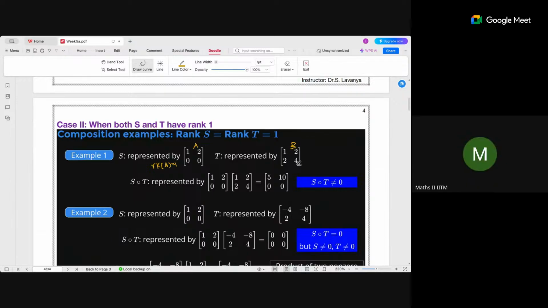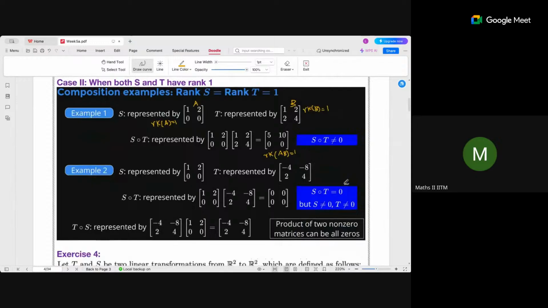Similarly here, the second column is a multiple of the first column, so rank of B is also 1. Now what is the product? The product is 5, 10, 0, 0. You can verify that, and you can see that rank of AB is also 1. Here in this case, S composition T is non-zero.